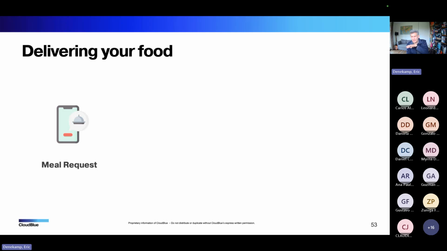Whether that is through some kind of fancy tablet or app where you scan the QR code and send the request automated to the kitchen, or whether there is actually a waiter coming with old-fashioned paper and pen, there has to be a meal request. If that is an Uber Eats website, the request has to be there. Of course, at some point, the cook cooks your dinner, and then it has to be delivered to you by scooter, by Uber Eats, by the waiter itself, bringing it to your table.